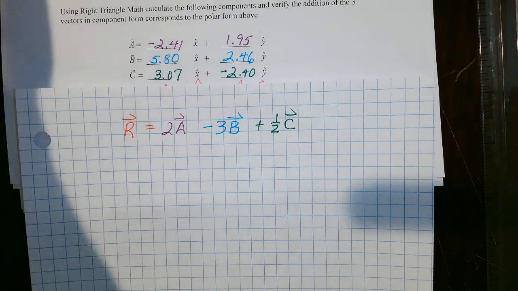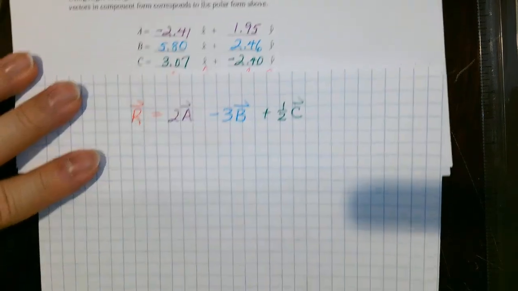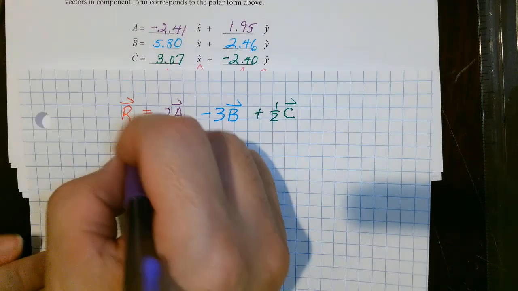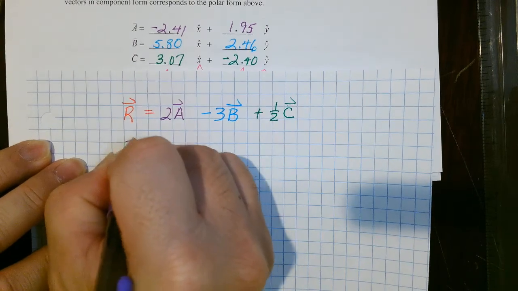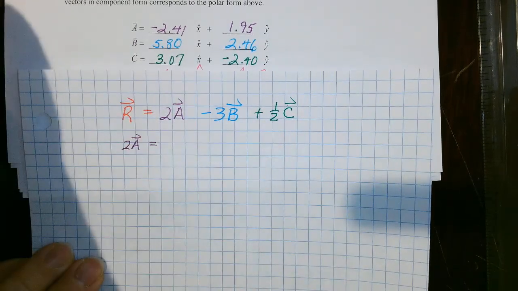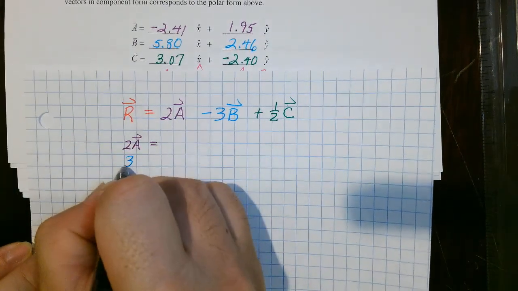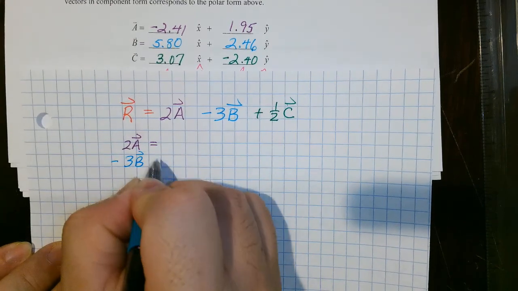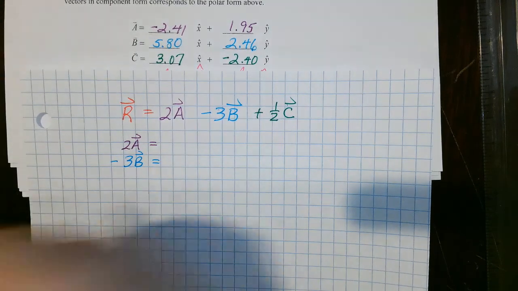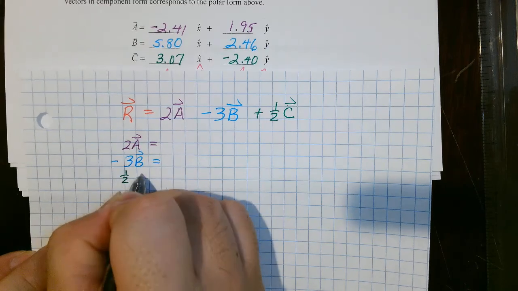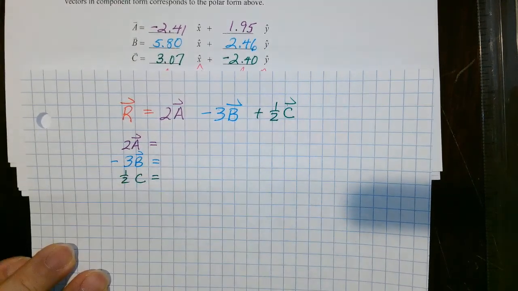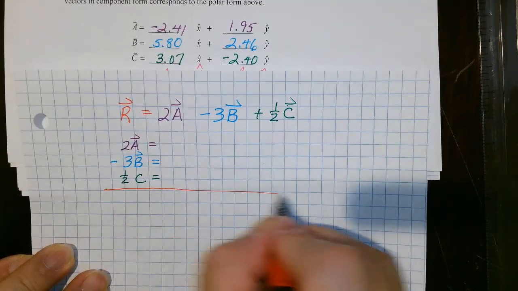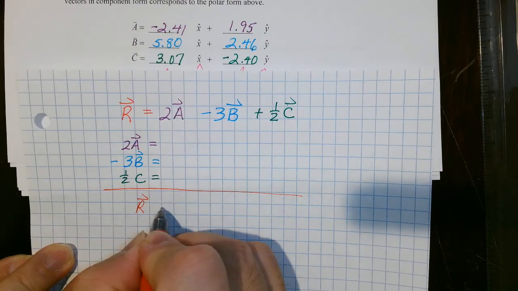I'll give you a little hint. The hint is I would write down 2A vector and then write down negative 3B vector and then write down 1/2 C vector, and then that will be your R vector.